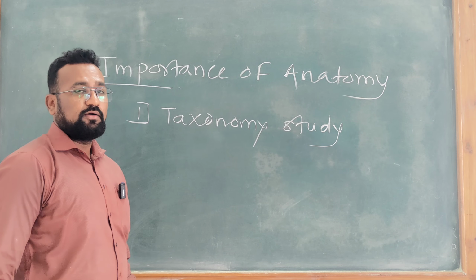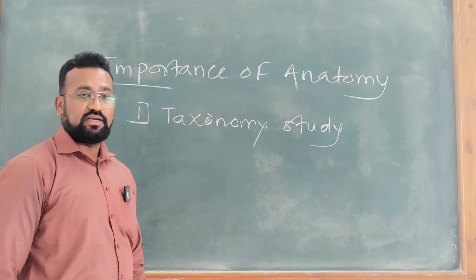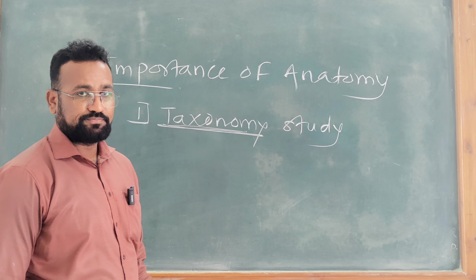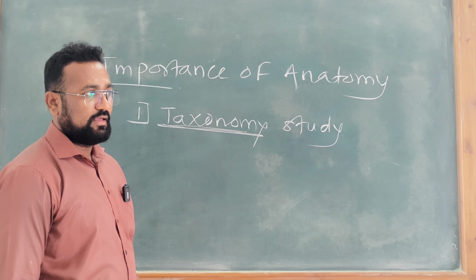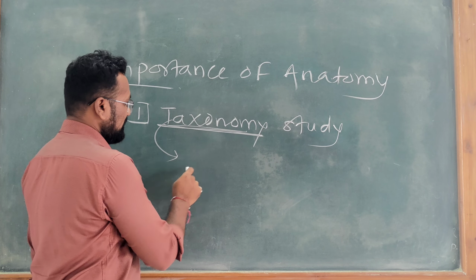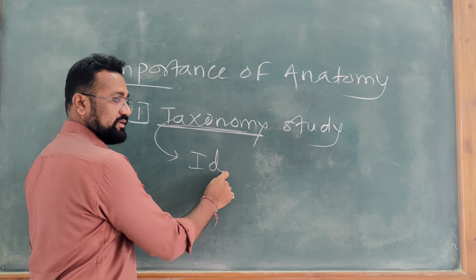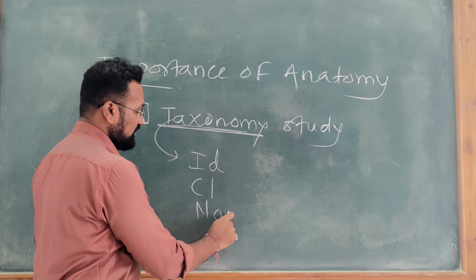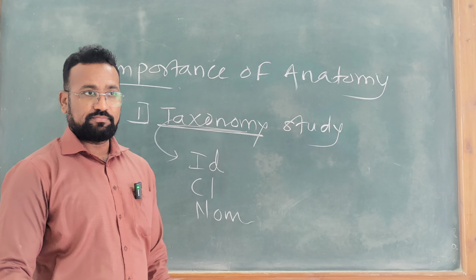Why should we study anatomy? For taxonomic study. First of all, you should understand what taxonomy means. Every botany or biology student must have understood that taxonomy is nothing but the identification, classification and nomenclature of a particular organism.